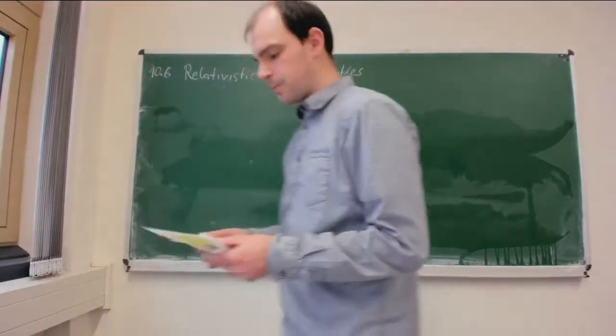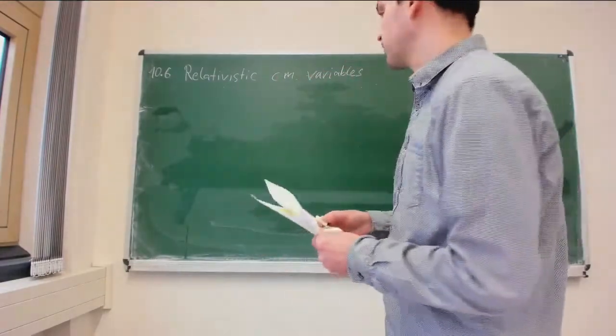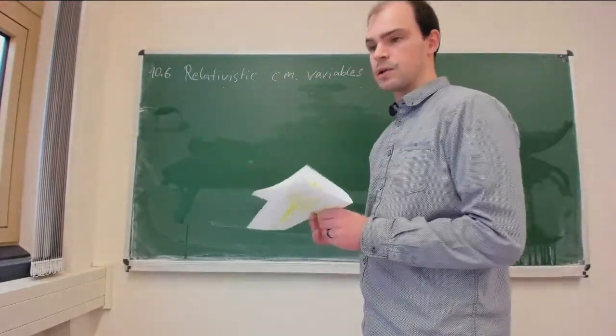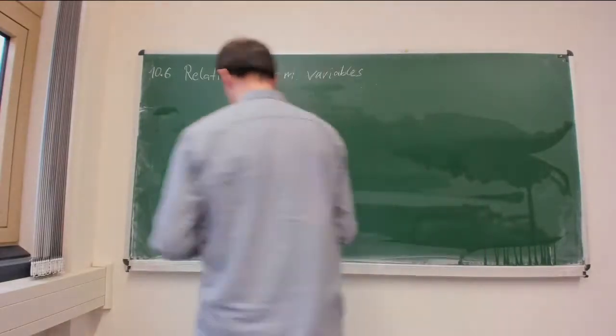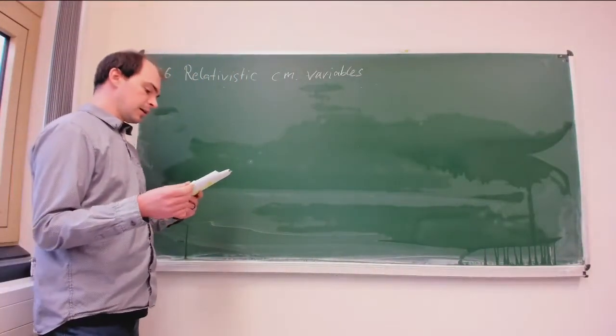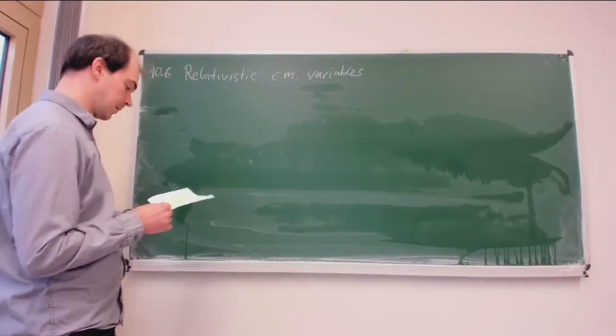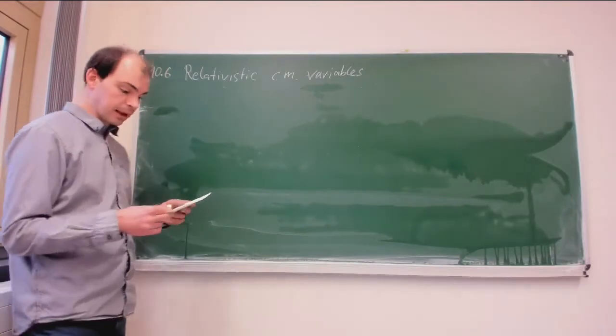What we do now first is that we have a look at the Poincaré group, which is the symmetry group in relativistic mechanics. The Poincaré group has 10 generators.